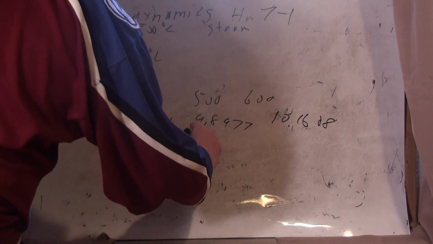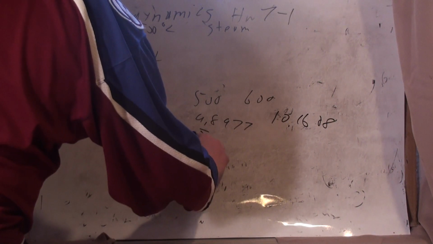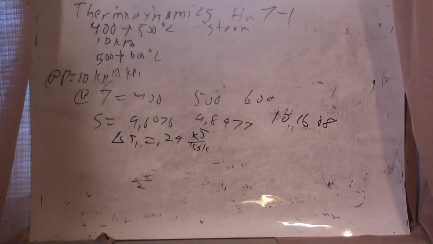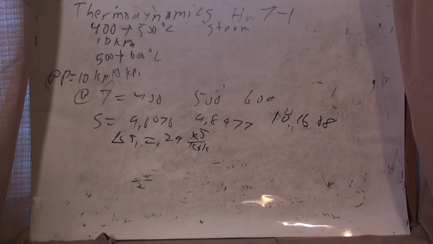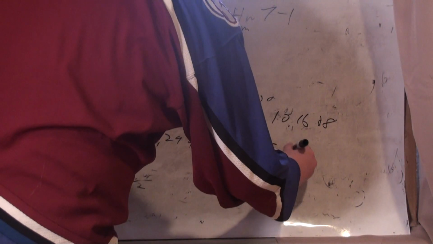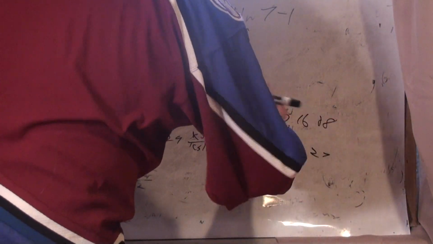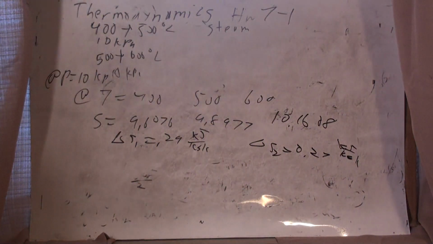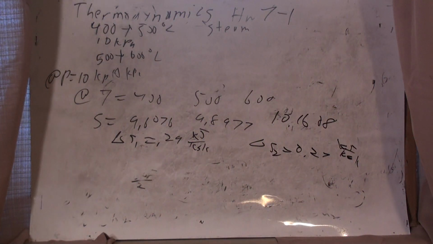Okay, so delta S1 is going to be about 0.29 kilojoules per kilogram K, and then between those two, it's going to be about 0.27 kilojoules per kilogram K. Okay. But that's all it is. It's just, look up the values, take the difference.